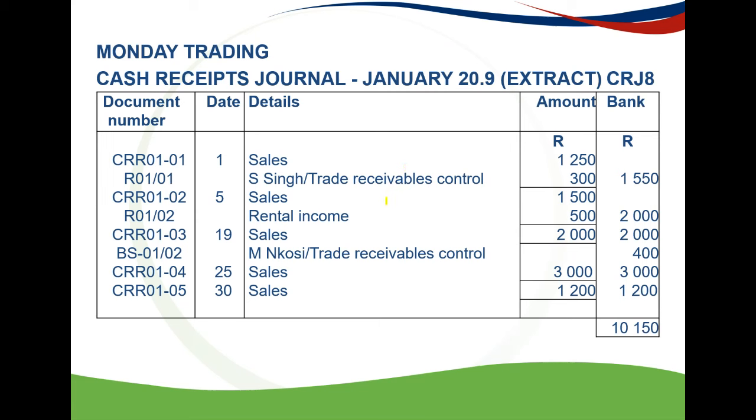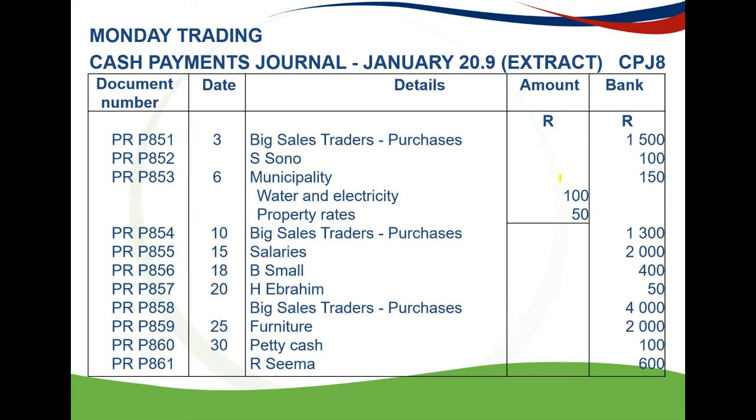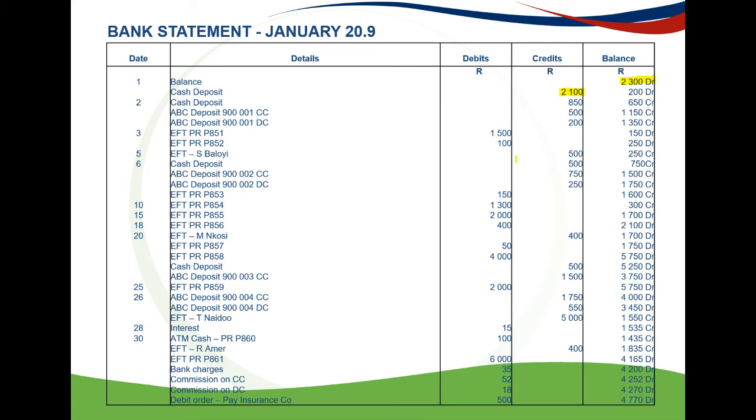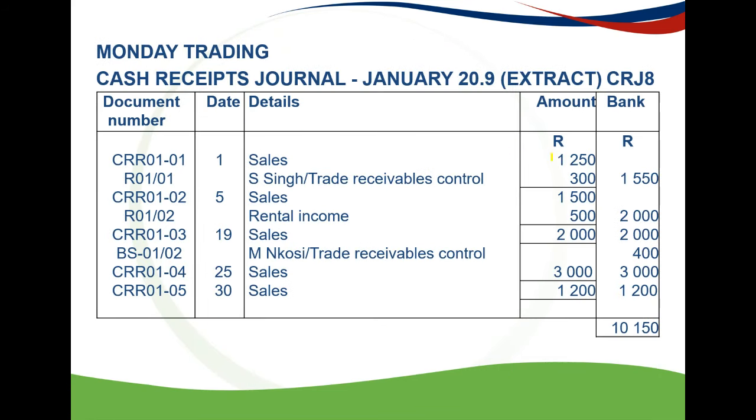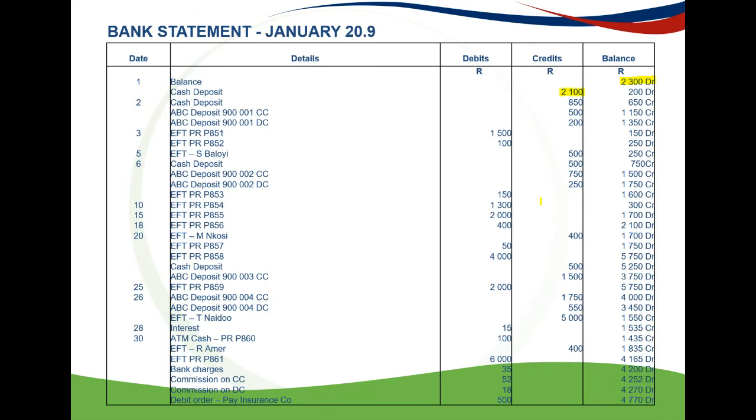So we must now go and see, firstly, the sales of 1,250. Is it reflected there, or do we have one deposit reflected on the bank statement? So here we have 1,250 that we have for sales. Okay, here's 850.